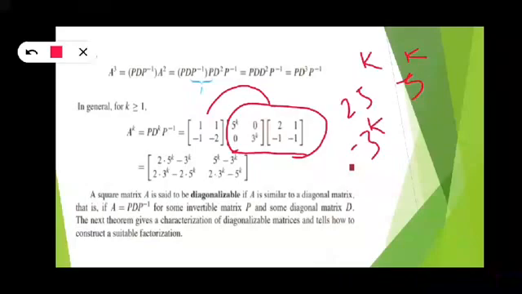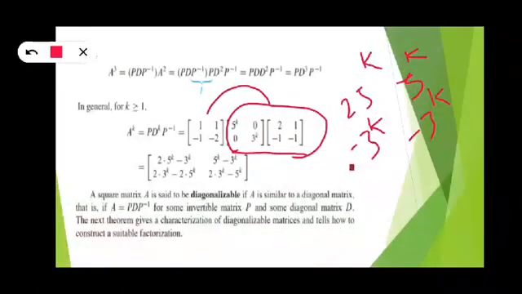That zero will be 0 anyway. Next 0 into 2 is 0, next minus 3 power k, next 0 into 1 is 0, next minus 1 into 3 power k is minus 3 power k.